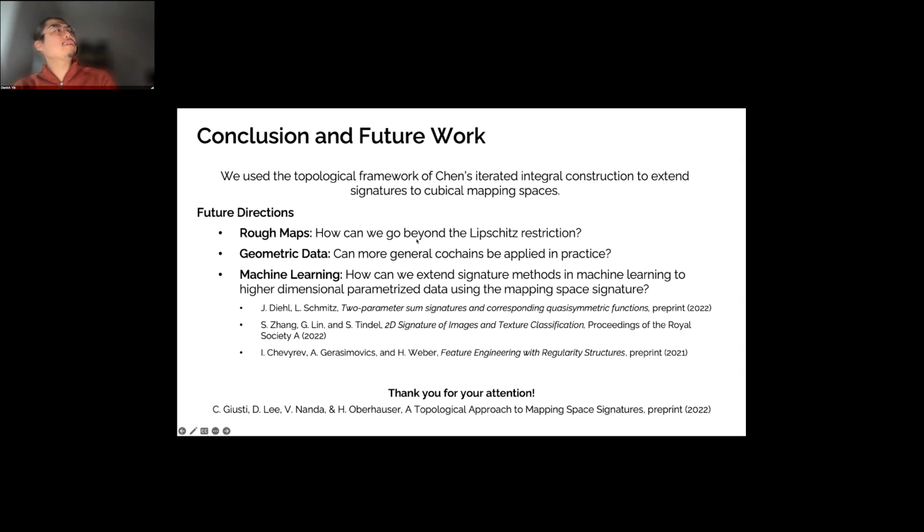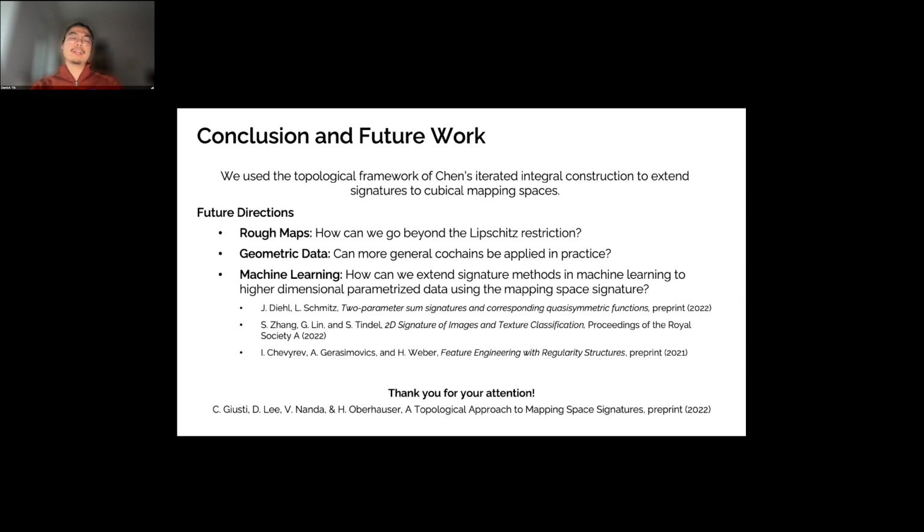Yeah, and I think there's still also quite a bit of work to be done here as well. One thing that needs to be studied at this point is the computation of these multidimensional signatures. In the second paper, they were only able to use a highly truncated version of these signatures.